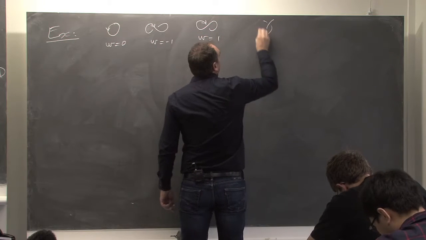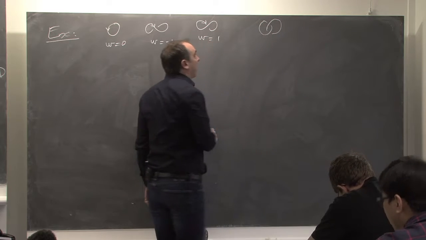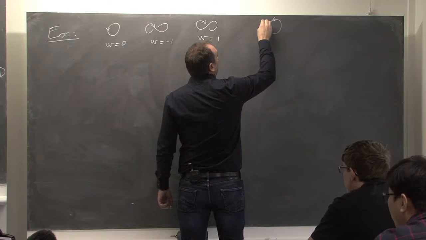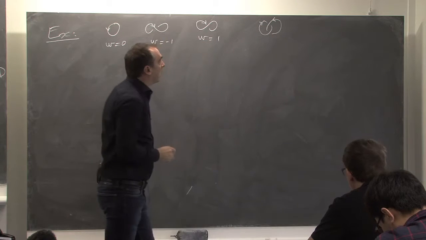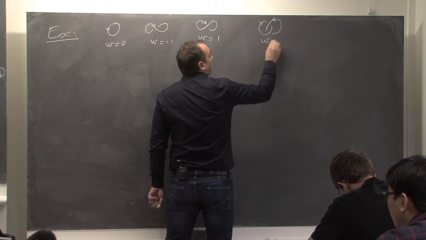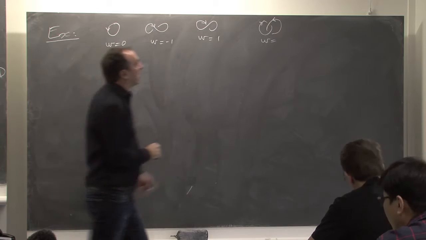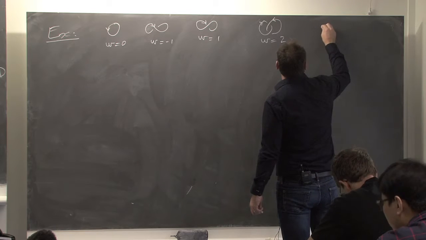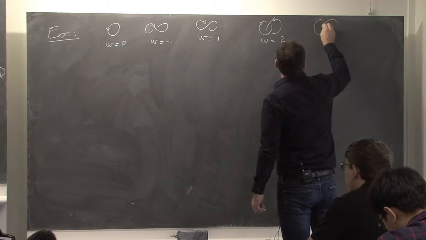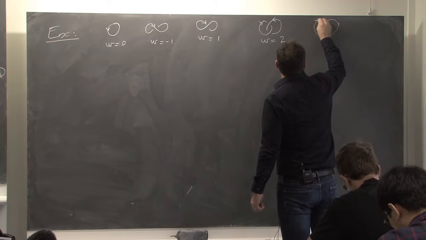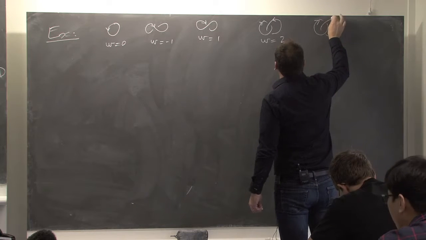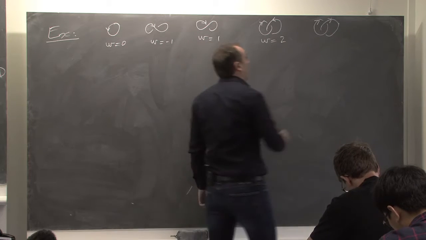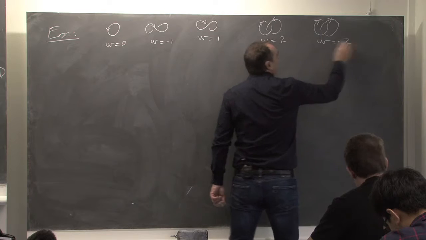Now if I take this one, here the writhe number is, we have 2 positive crossings, 2, but if I change here the orientation of one component, for example this one, so here it is negative 2.